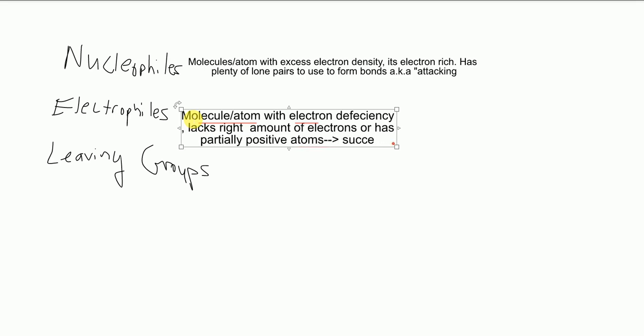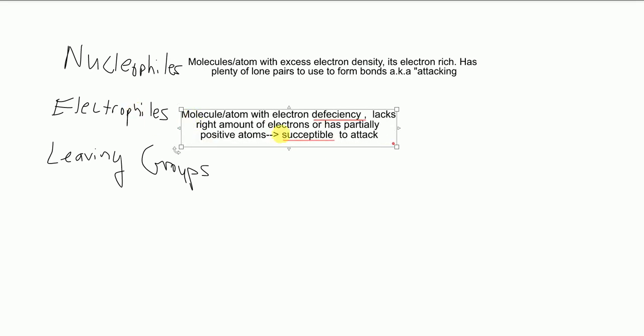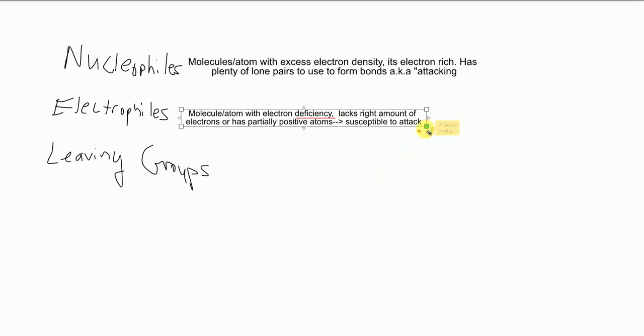I have no idea how to spell susceptible. Okay. All right. Cool.